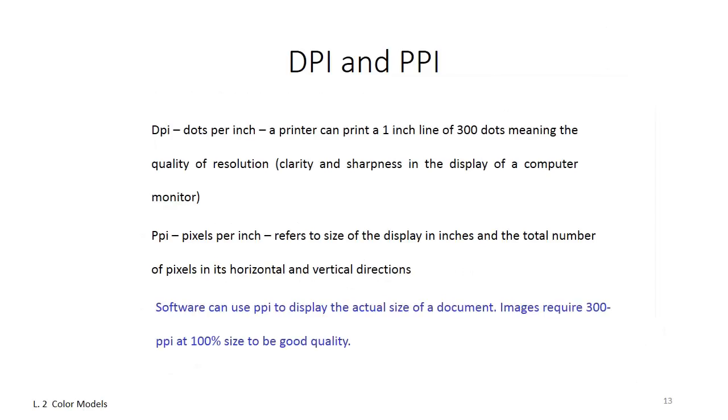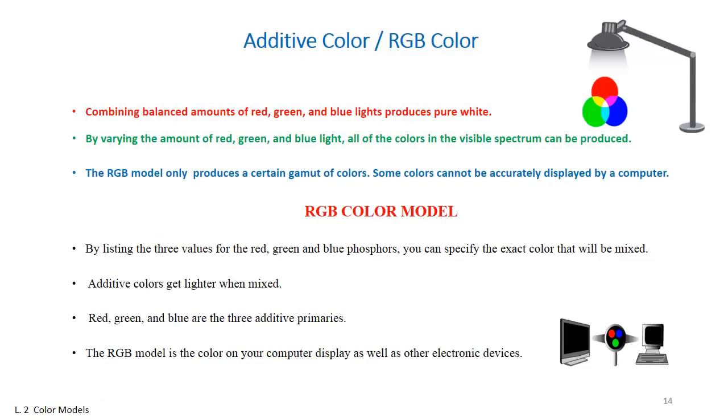Ideally, the 3 dots should all converge at the same point, but all monitors have some convergence error that can make color pixels appear fuzzy. VGA systems display 640 by 480, 300,000 pixels.